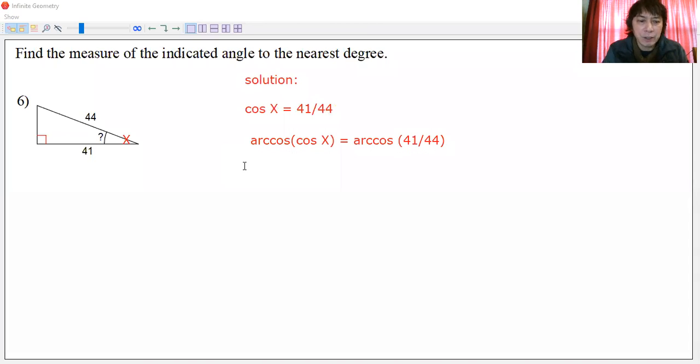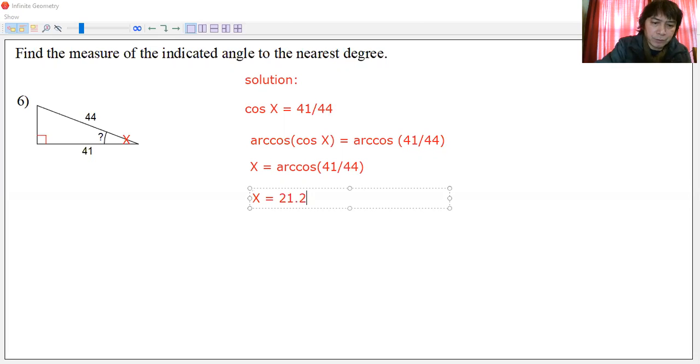And we have the next line, just X. And angle X will be the inverse cosine of the ratio 41 to 44, we get like 21.27996647 degrees.